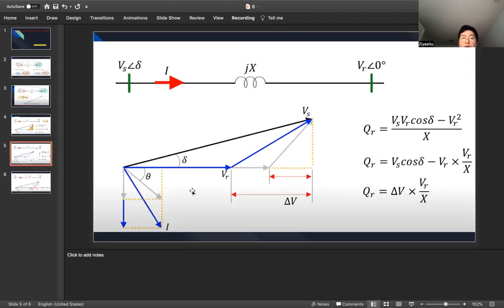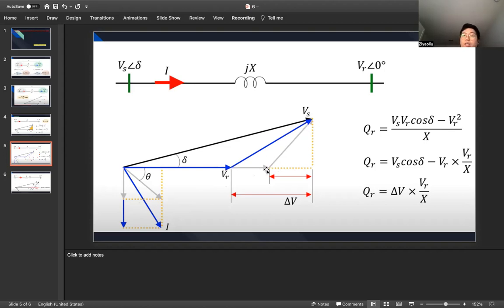What I want to say is, you can see the gray one first of all, the gray one was here, right? But because we added more and more reactive power, the actual current has a larger magnitude and is more lagging, right? Which means if we add more here, more reactive power is coming out.